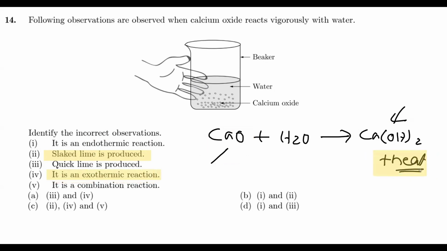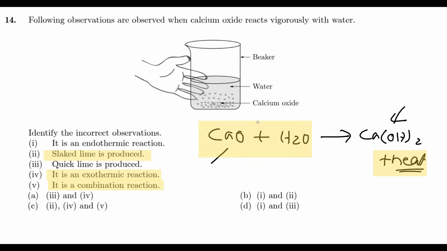Yes, heat is produced, so it has to be an exothermic reaction. And was that option second, quicklime to slaked lime? That's right. It is a combination reaction. Yes, it is a combination reaction, as you can see, there is more than one reactant.